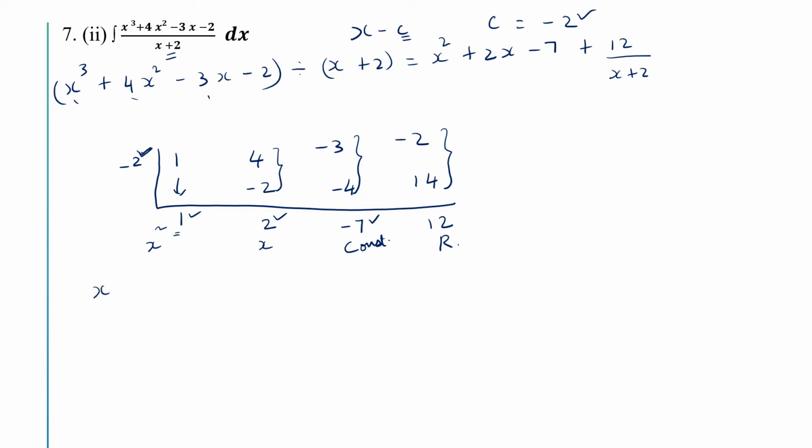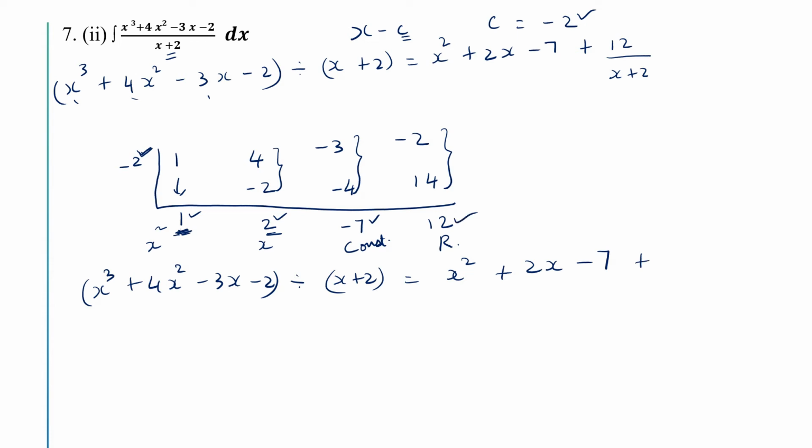So from this we can see that when we divide x cube plus 4x square minus 3x minus 2 by x plus 2, we get 1 into x square, plus 2x, minus 7, and the remainder is 12, so 12 divided by x plus 2.